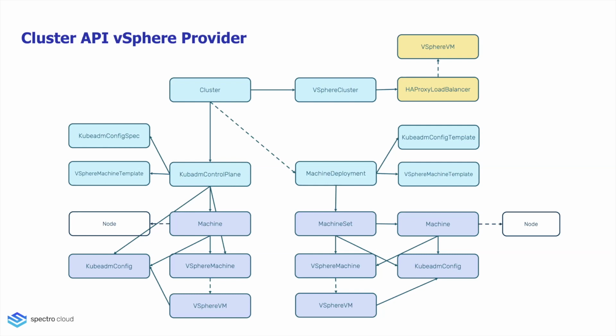With this new CRD, we can launch an HA cluster on vSphere, and all the control plane nodes can be easily rolled and upgraded. But one critical issue for this architecture is that it is a single point of failure. So if this load balancer VM is down, the whole cluster is down.